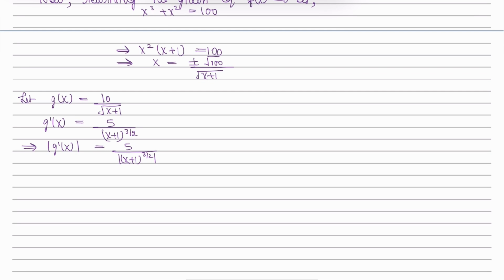Since the variable is in the denominator, lower the value of x, higher will be the whole value. So we will use the value of x as 4, which is the minimum possible value in the interval 4, 5, and after solving this becomes 1 upon under root of 5, which is strictly less than 1.